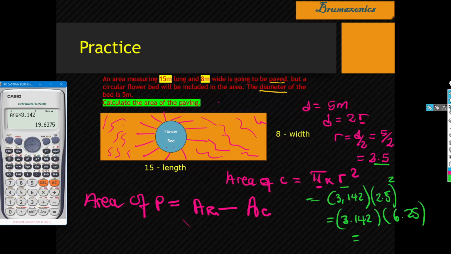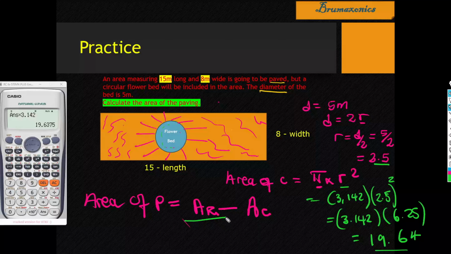This means that we are going to get 19.6. So if we round this to two decimal places, this will be 19.64, right? So 19.64 will be our area of the bed, meaning that we have to minus this from the area of the rectangle.